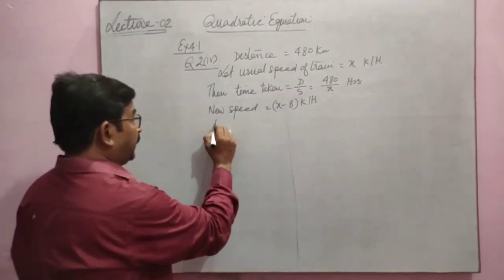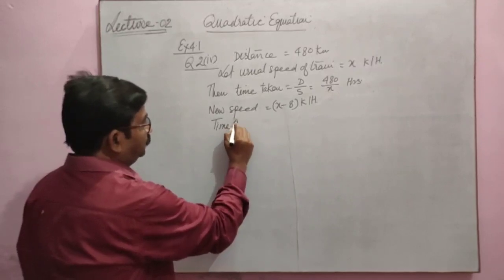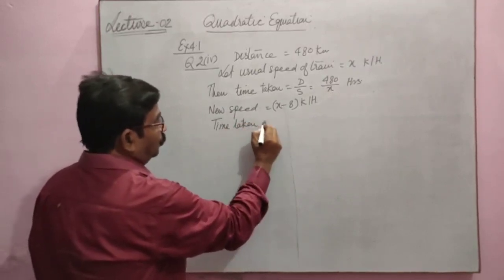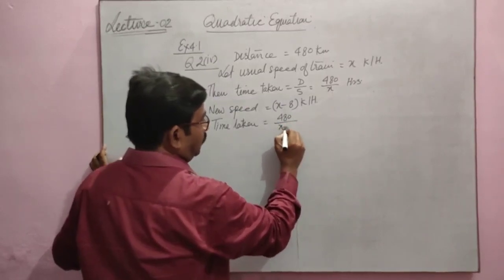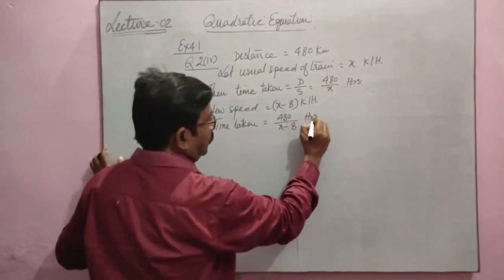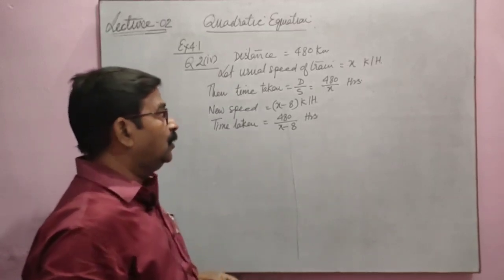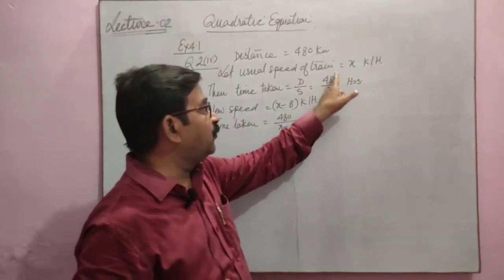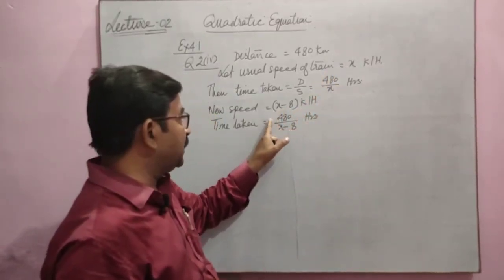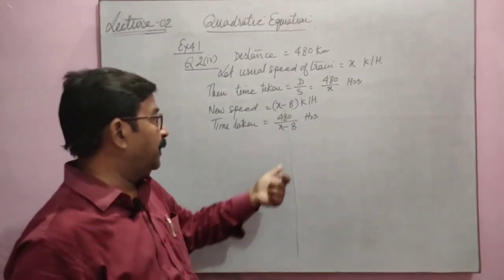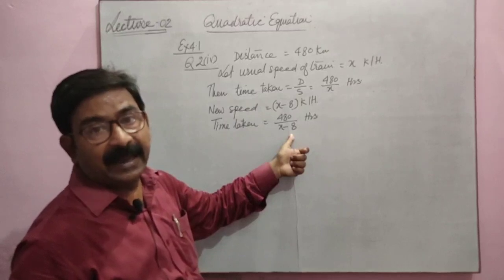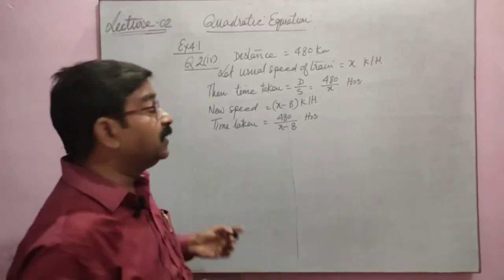Again find time taken: distance upon speed, 480 upon x − 8 hours. Now, this one has time taken 480 upon x, and this one has time taken 480 upon x − 8. Which time is more? When speed is less, time is more. The time difference is given as 3 hours.